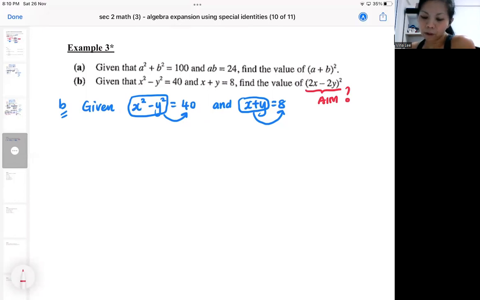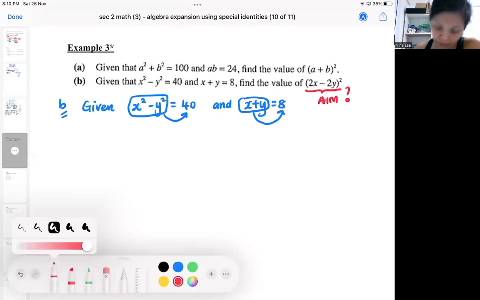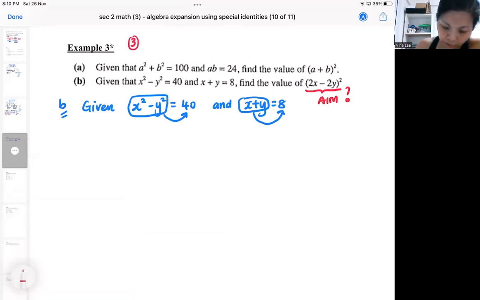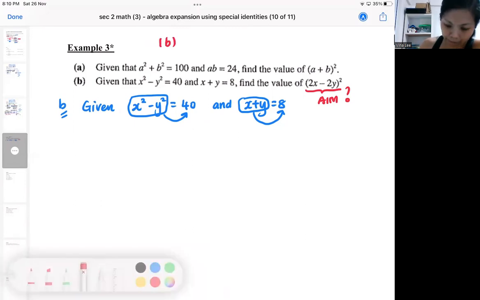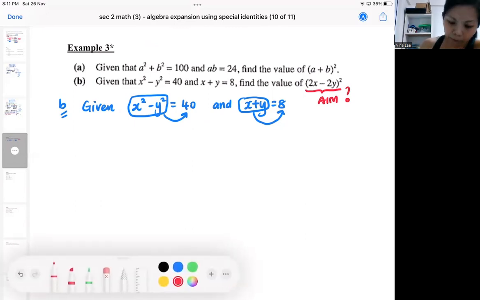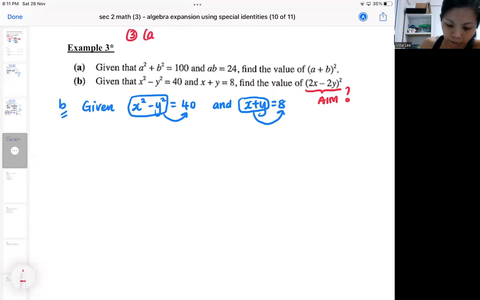Before I go on to show you, I'm going to write down formula number 3. Typically formula number 3 looks like this. I'm going to write formula number 3 with the idea of x and y.